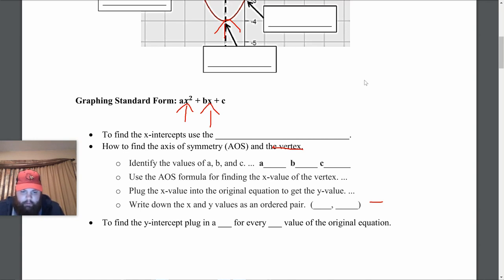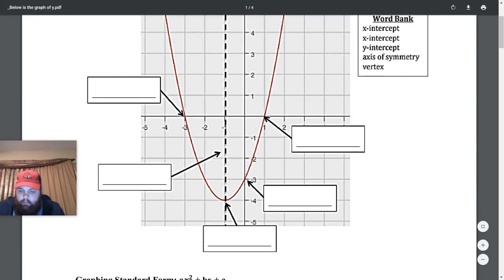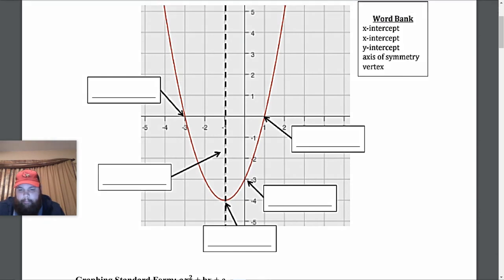Okay. So now, finally, to find the y-intercept. Remember the y-intercept, that's where, let me actually scroll back up to show you. Let me erase this, close that out, scroll back up. Okay, remember the y-intercept is right where it crosses our y-axis, which would be right here. So to get this, all we have to do is put in zeros where our x's are. So let's go back down there.